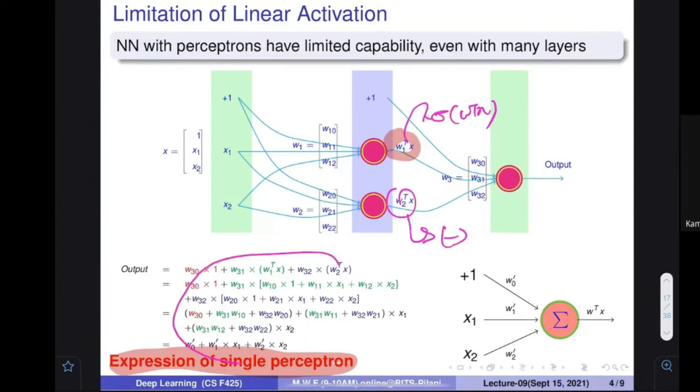Then can I reduce this again to this particular formula? No. This reduction, this linear combination, actually goes away. So this term would remain in your equation, and therefore the circuit is not going to collapse.